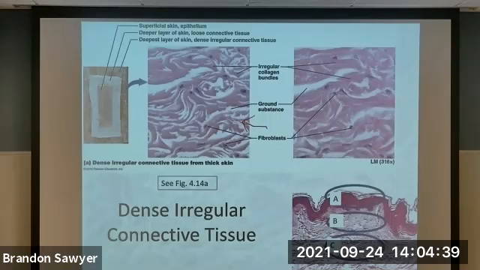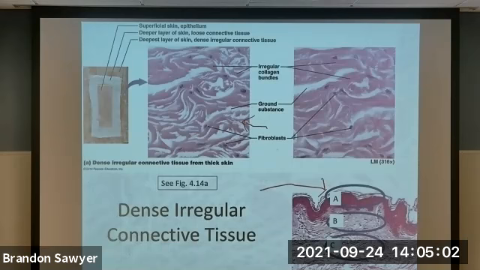All right, and so we can see a couple of different tissue types here. That's a view of our skin. That top layer of our skin is what type of tissue? Epithelial tissue. So that A is epithelial tissue. And what type of epithelial tissue? Stratified squamous.